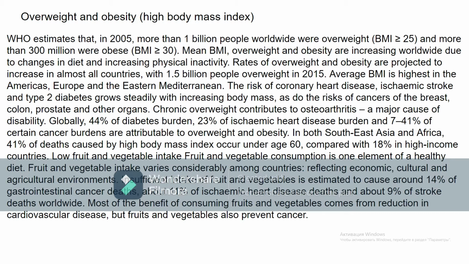Insufficient intake of fruit and vegetables is estimated to cause around 14% of gastrointestinal cancer deaths, about 11% of ischemic heart disease deaths, and about 9% of stroke deaths worldwide. Most of the benefit of consuming fruits and vegetables comes from reduction in cardiovascular disease, but fruits and vegetables also prevent cancer.